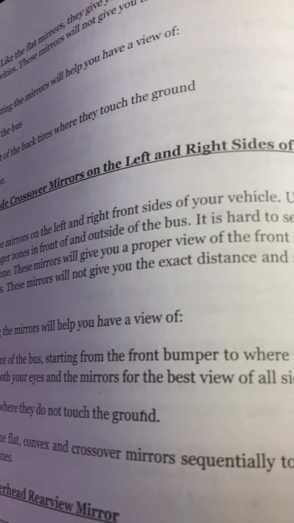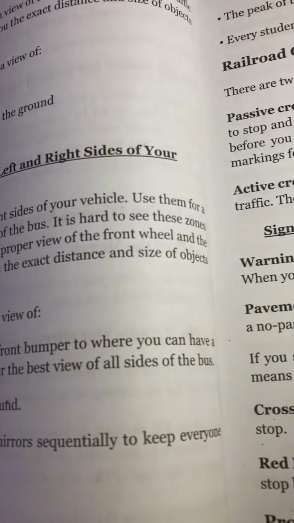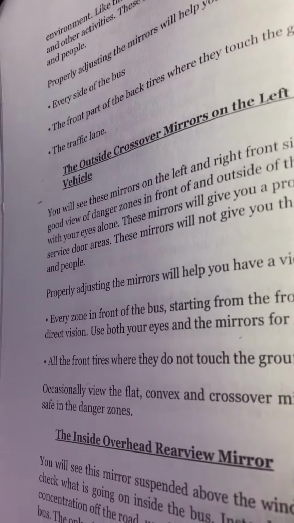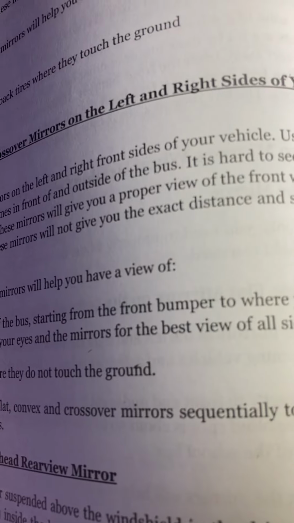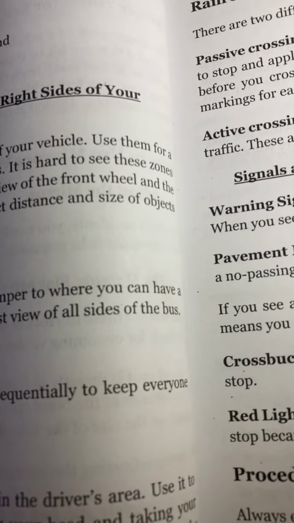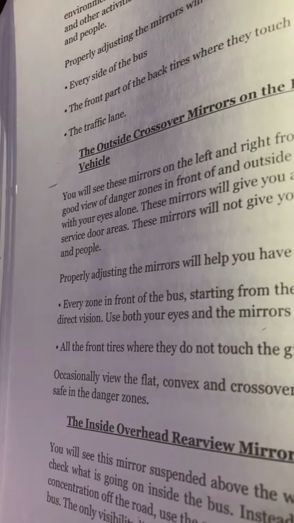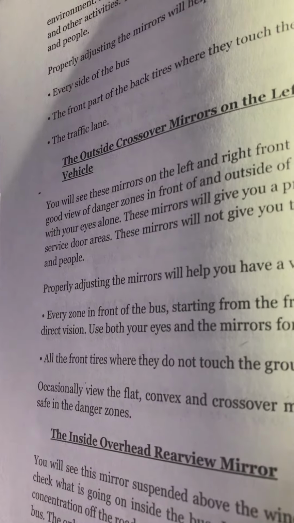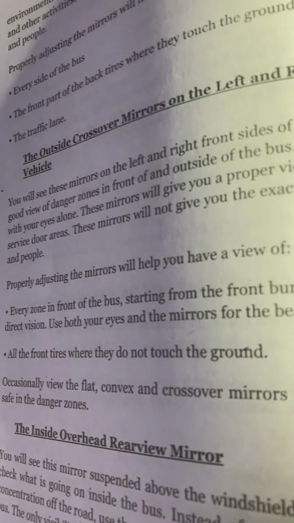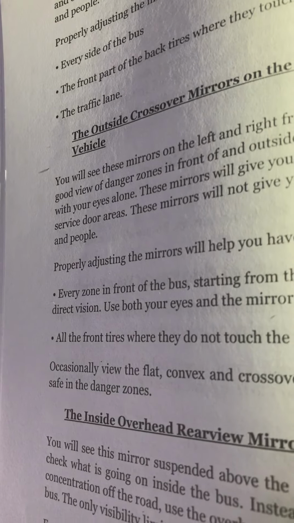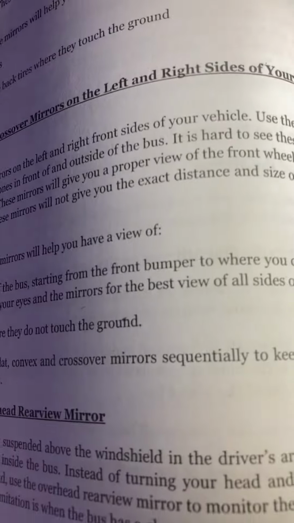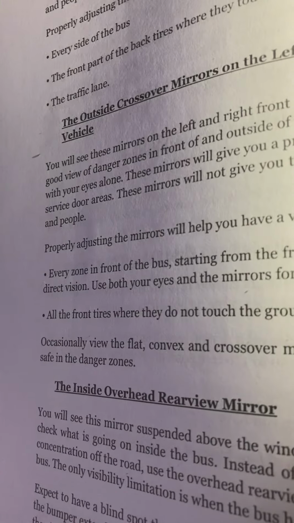These mirrors will give you a proper view of the front wheel and the service door areas. These mirrors will not give you the exact distance and size of objects and people. Properly adjusting the mirrors will help you have a view of every zone in front of the bus, starting from the front bumper to where you can have a direct vision.